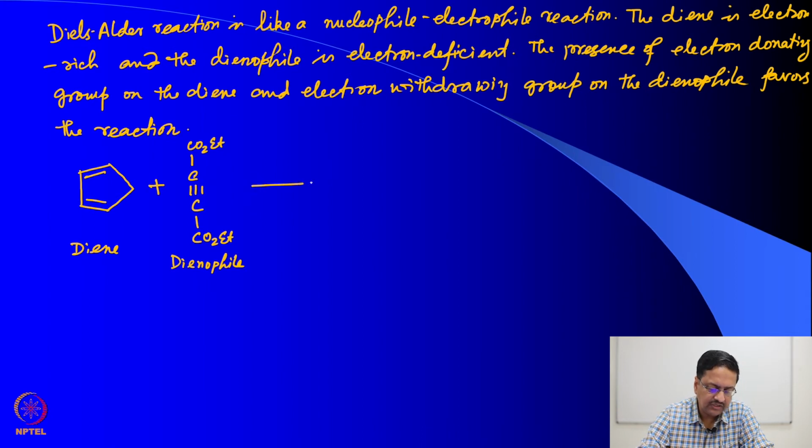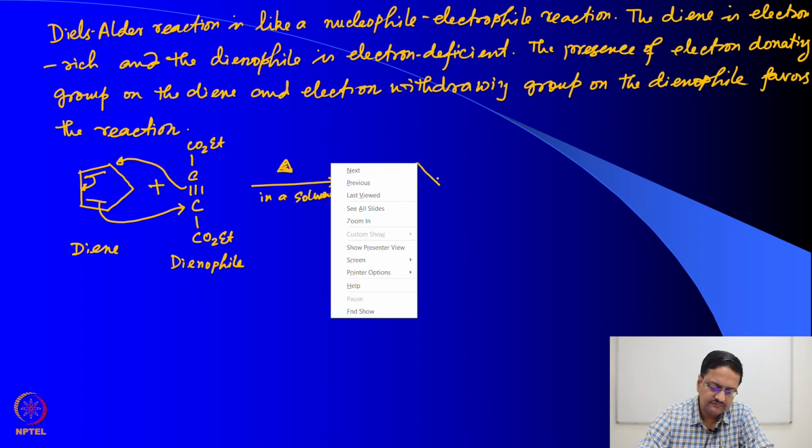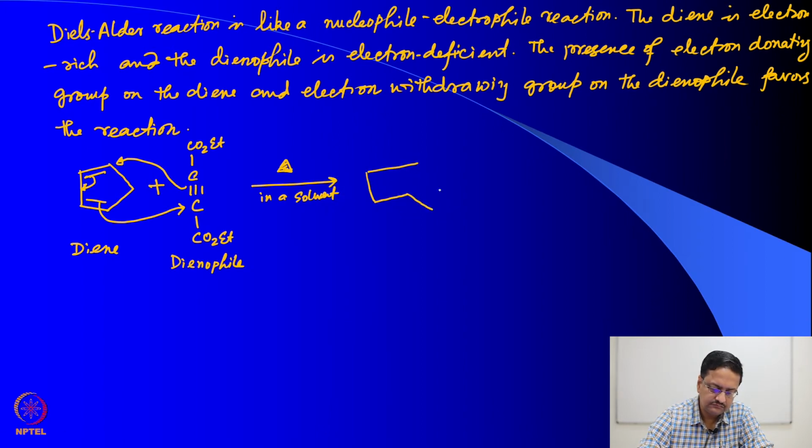So when we heat these two compounds in a solvent, we get a reaction in which the bond migration happens like that, and we end up getting a compound which is this one.